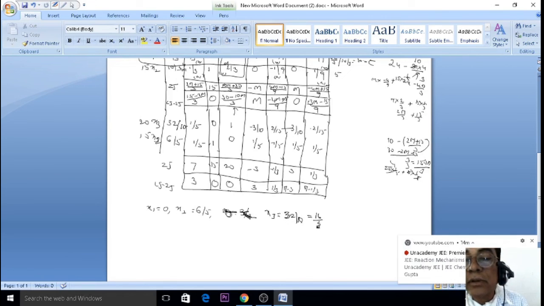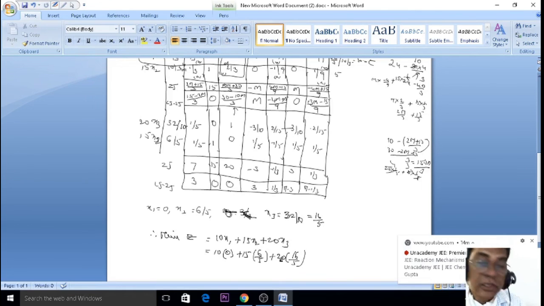So therefore the minimum value Z is equal to, please write the equation, 10x1 plus 15x2 plus 20x3. I mean to say 10 into 0 plus 15 into 6 by 5 plus 20 into 16 by 5. Understand? So the answer is 82. So this is the minimum value.